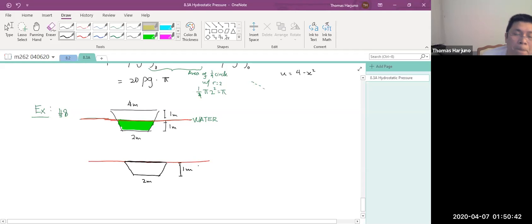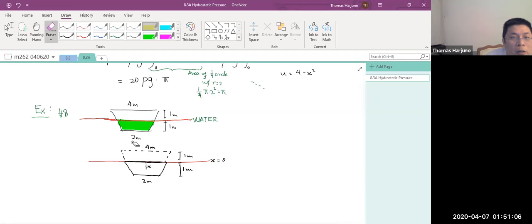Okay. And then this is 4 meters. This is 1 meter. Now suppose this is my x equals 0. So if I go as deep as x unit, maybe I use red color better.